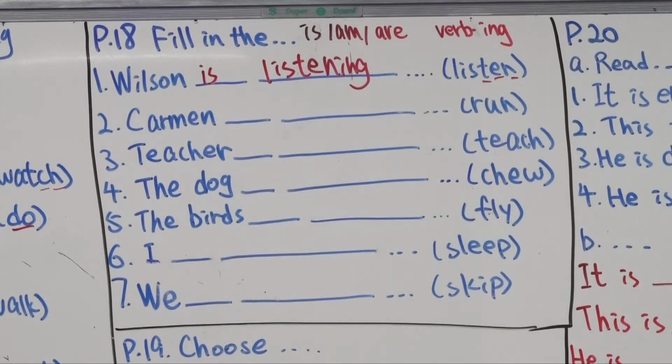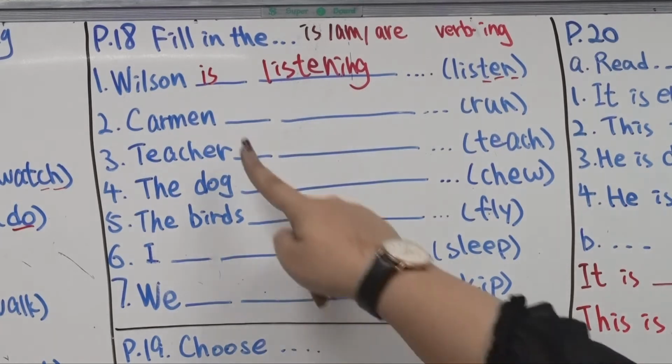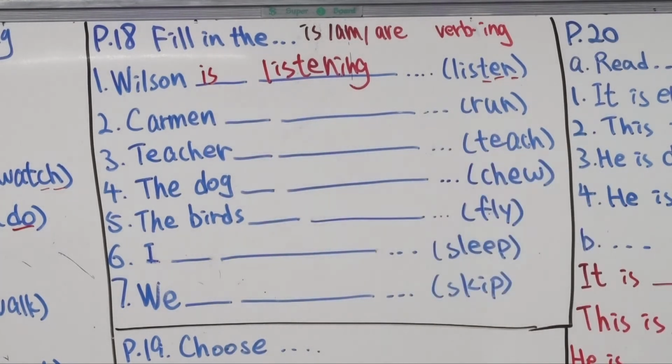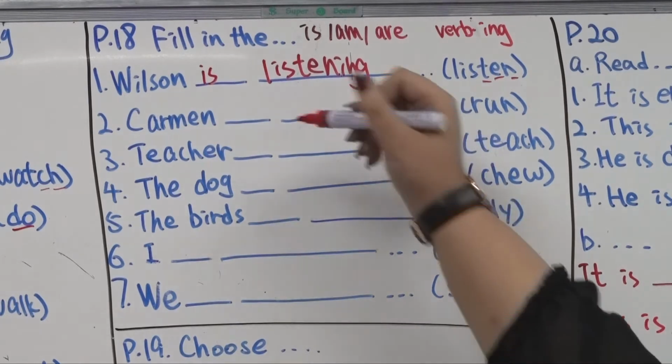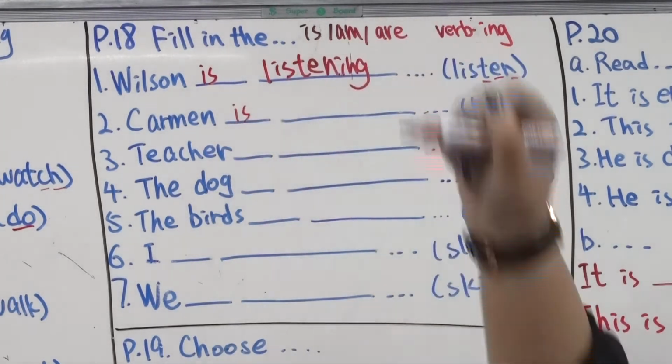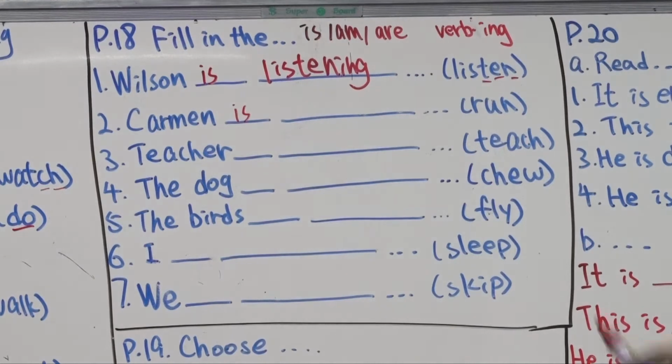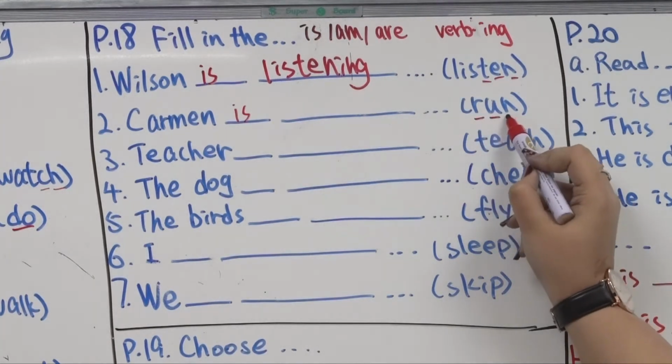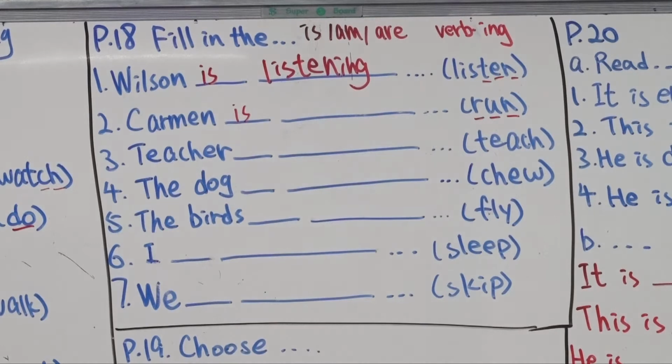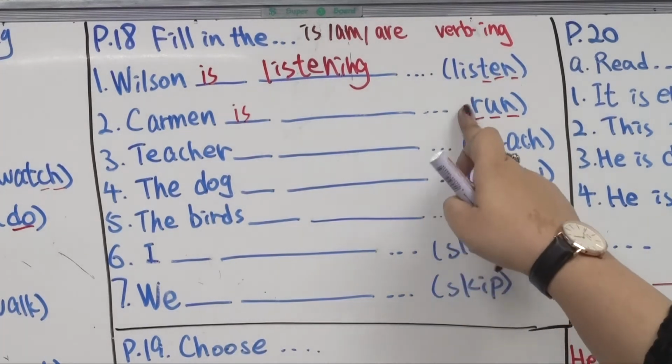Carmen, what in the park? Carmen, what in the park? So Carmen is followed with is, am, or are. Are. Carmen's just one person, so it follows with is, right? Is. Alright. Consonant, vowel, consonant. It's run, right?